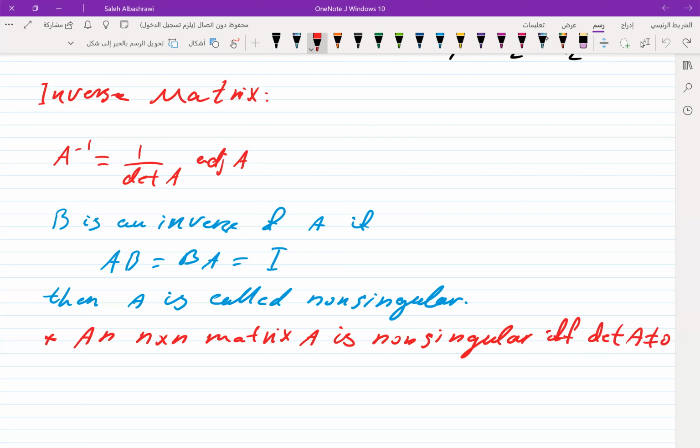So if the determinant of the given matrix A is not equal to 0, then A is known as non-singular.